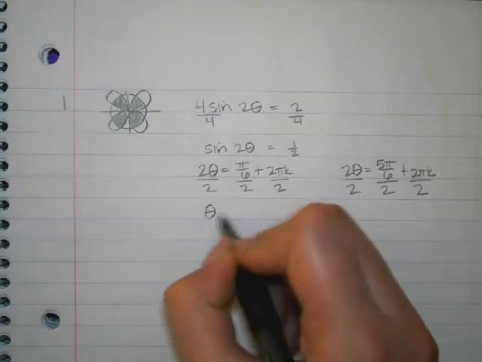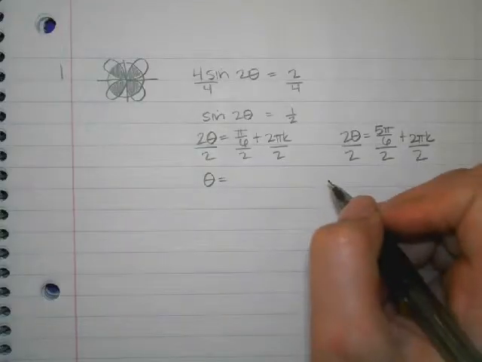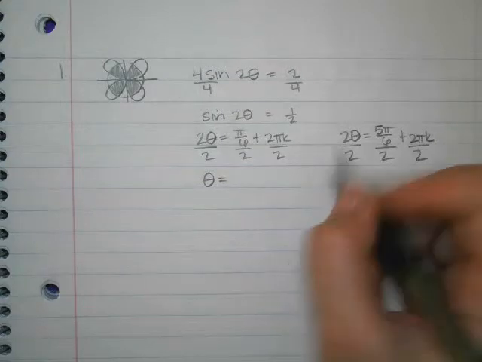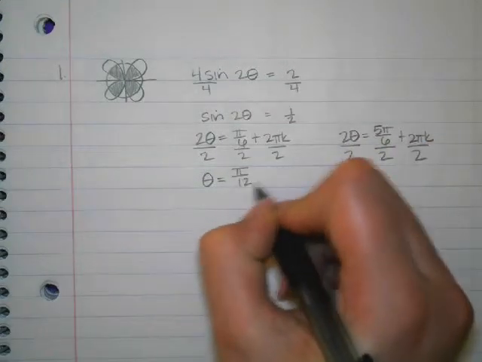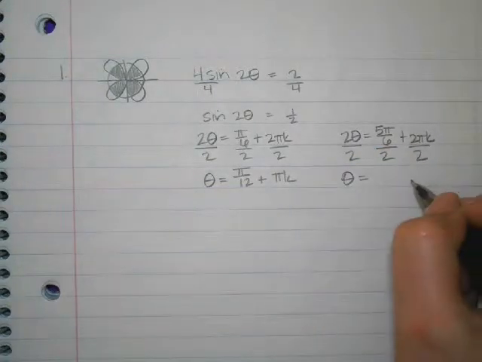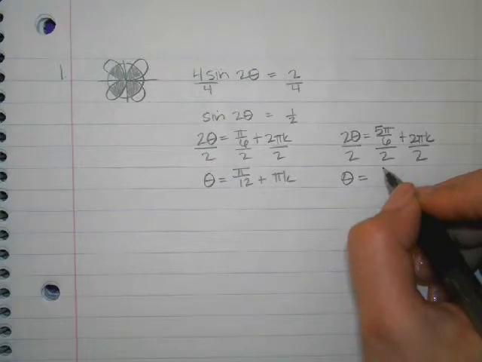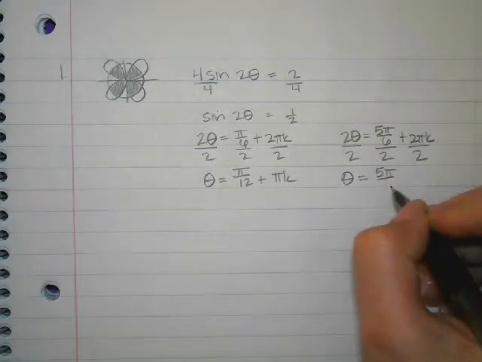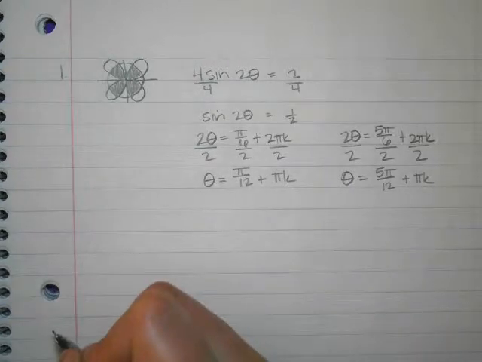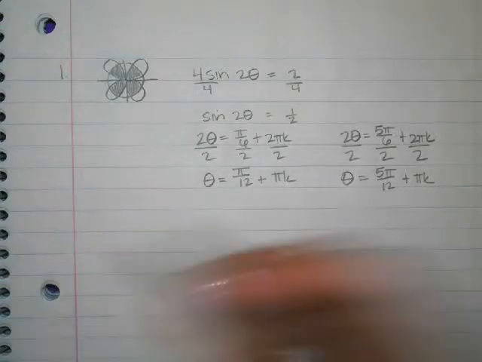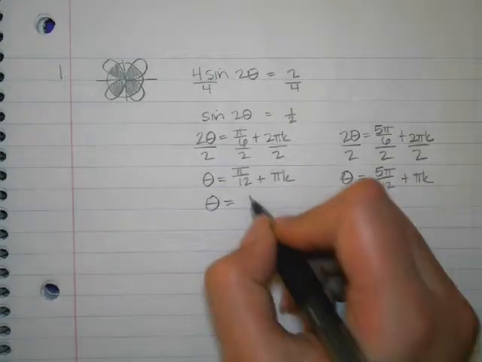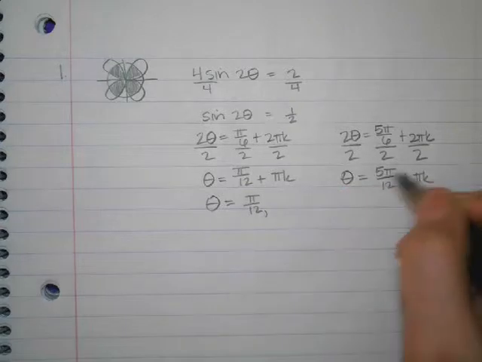So we have theta equals pi 12ths plus pi k. Theta equals 5 pi 12ths. So that means that altogether theta equals pi 12ths.